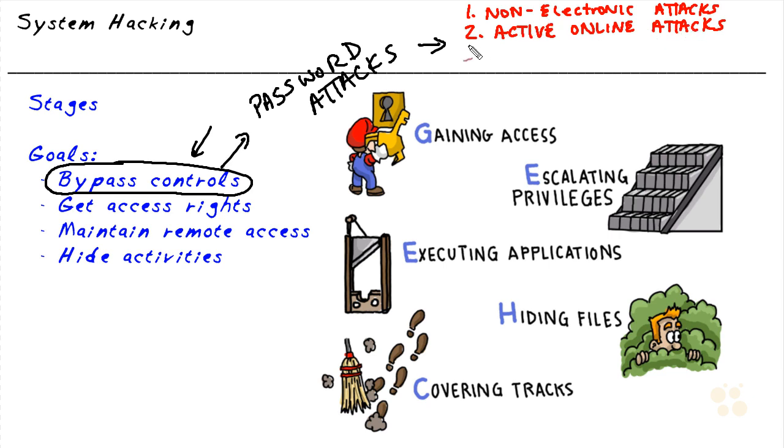A third category is passive online attacks. And this is where the attacker is using password cracking, but doesn't have to directly communicate with the victim's system. And that can be done through packet capturing on the network. So if the user is logging onto an insecure system, for example FTP or HTTP, using plain text, if they're using their user credentials in any of that, and we can sniff that and collect it, we now have the username and password.